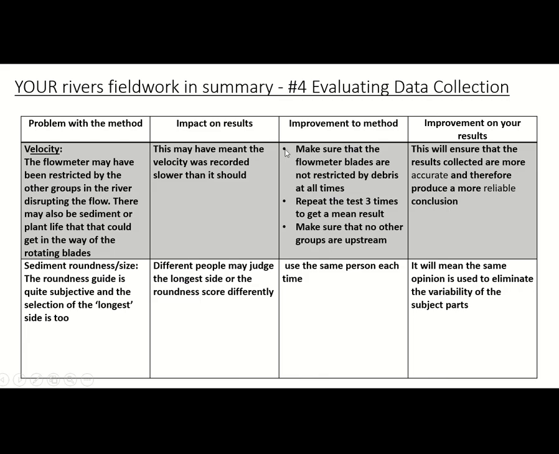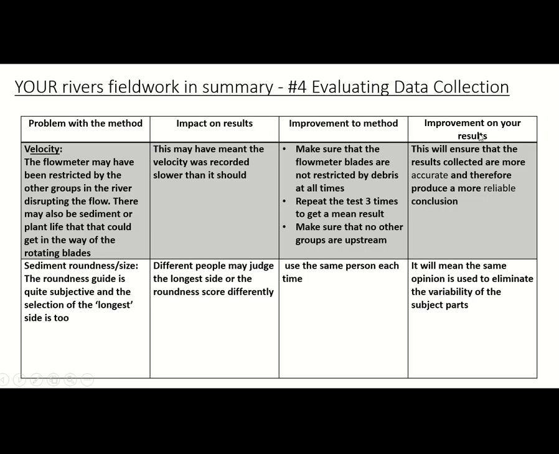So how could we improve it? Well, firstly, make sure there's no debris in front of the flow meter blades. Also, repeat it 3 times, and then make sure no other groups are upstream. They were all very obvious logical things to do if the problem is that there's people upstream or there's debris disrupting the flow. Then get rid of the debris, do it 3 times so you get a mean result, and make sure no groups are upstream.